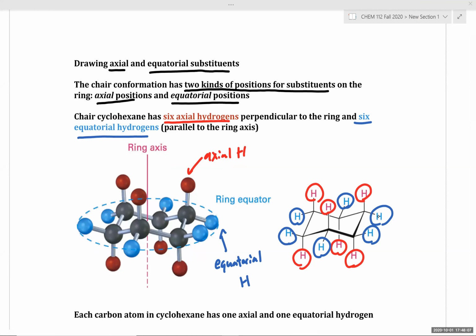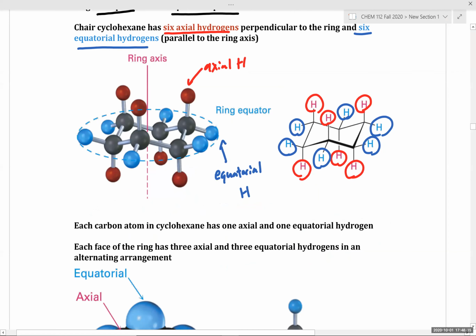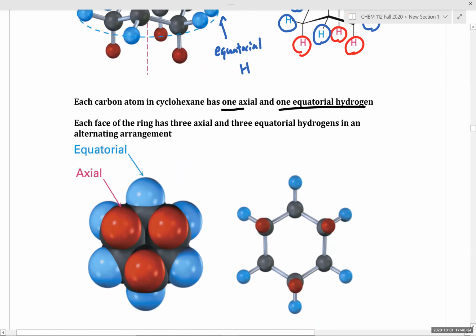And we'll elaborate on this idea more momentarily. So each carbon atom in a cyclohexane has 1 axial and 1 equatorial hydrogen or other substituent. Now each face of our ring has 3 axial and 3 equatorial hydrogens in an alternating arrangement. So let's talk about what we mean by that.